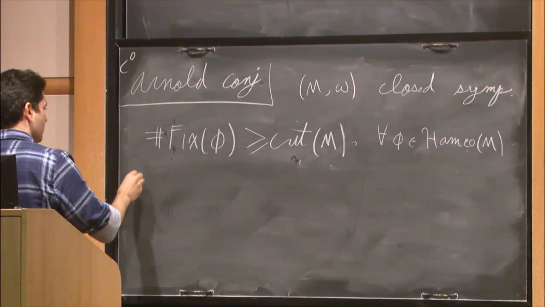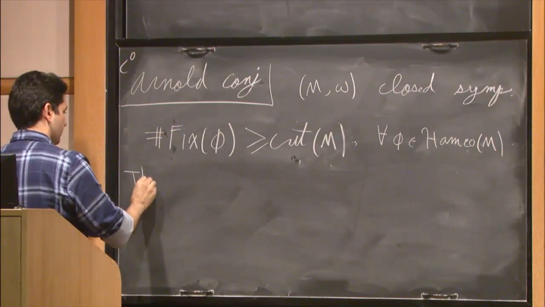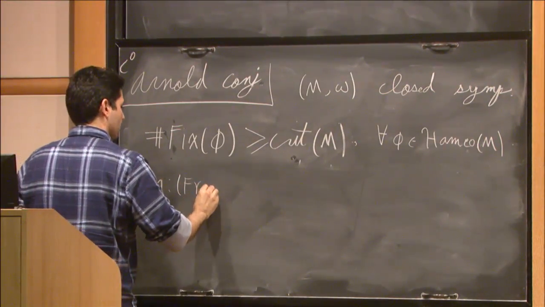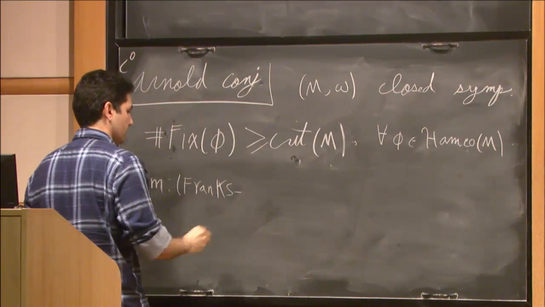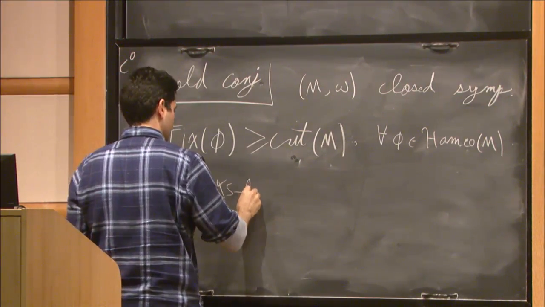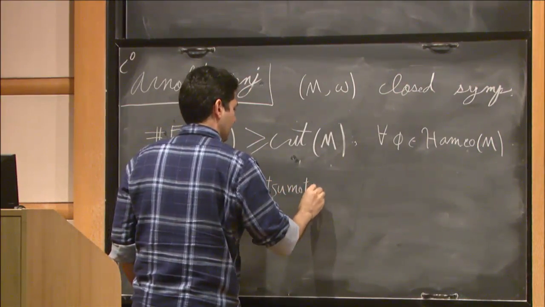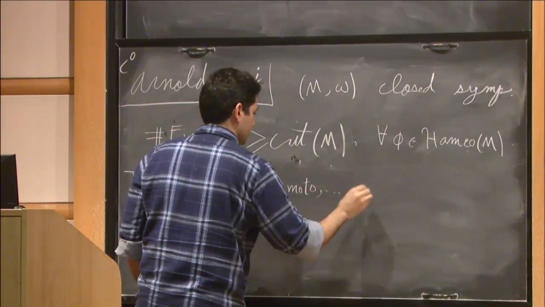Okay, so here's a theorem by Franks and Matsumoto. This is why I was 80% convinced the Arnold conjecture would have to be true. There are other proofs of this now too.